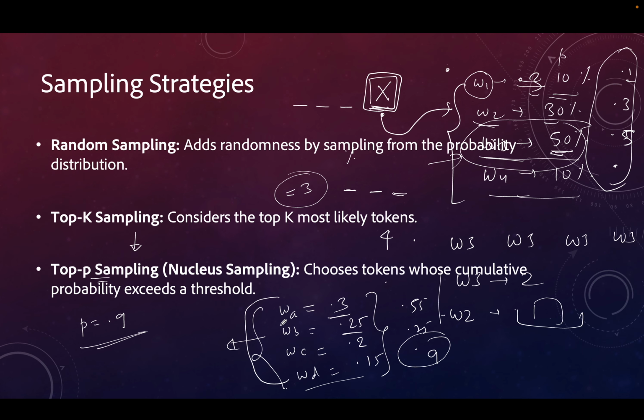So we have picked 4 words, or let's say in this case 3 words only. These words may have, let's say, 0.3, W2 has 0.25, W3 has 0.2. So only 3 words since K is 3. But if you sum the probabilities, it's 0.75.